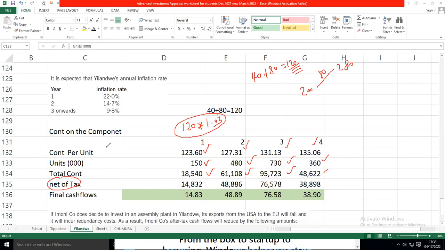All these are US dollars. Remember, we've moved away now from the rand. So divide each one of these figures by 1,000.